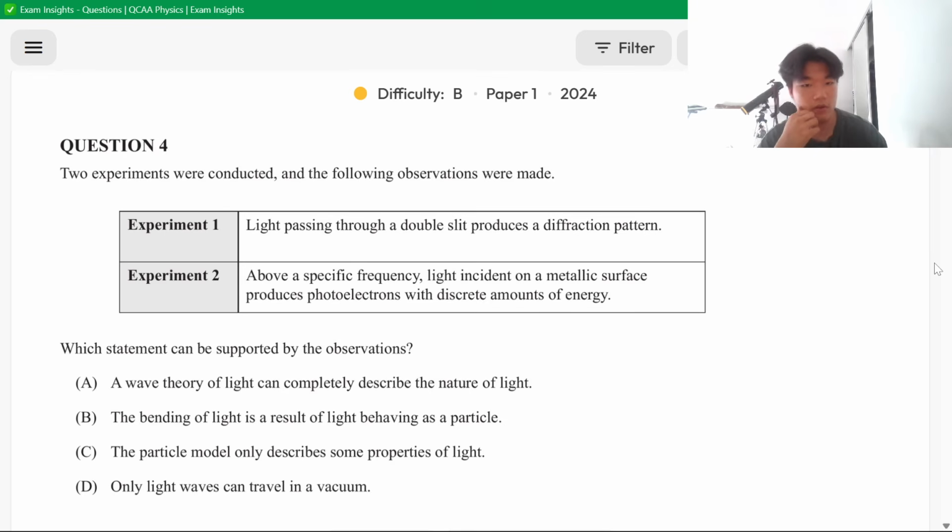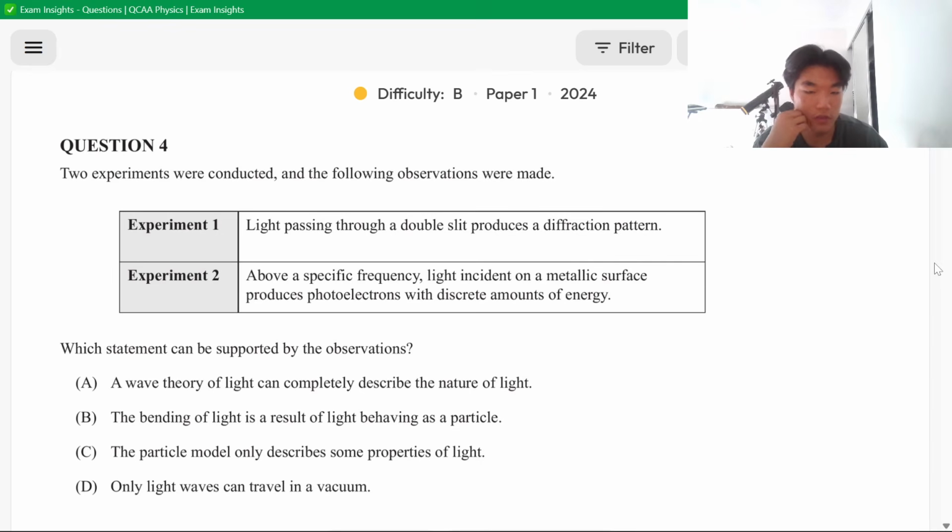Experiment 2, light of a specific frequency incident on a metallic surface produces photoelectrons with discrete amounts of energy. Which statement can be supported by the observations? A, wave theory of light can completely describe. It won't completely describe because experiment 2 supports the particle model of light.